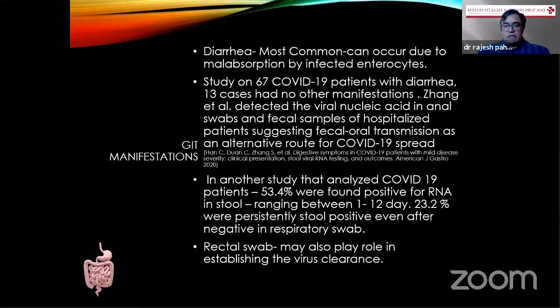That gives us a new thought that it's possible the rectal swab can also play a role in establishing virus clearance from the body. But still, there is no confirmed analysis, and more studies are needed.